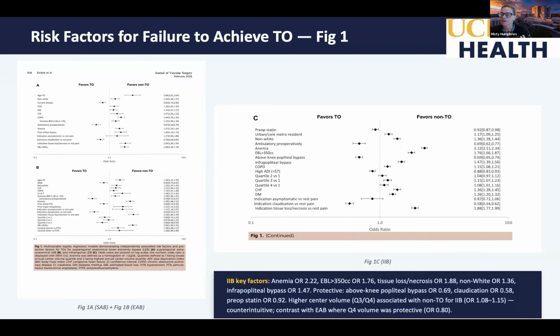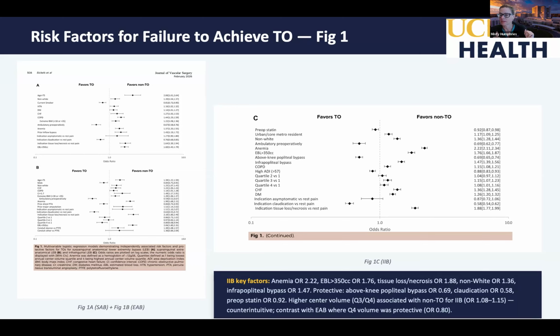Specifically anemia, increased blood loss, tissue loss as the operative indication, non-white race, impaired ambulatory status, and then comorbidities such as COPD and CHF also appear very consistently here. And several of these could be actionable.